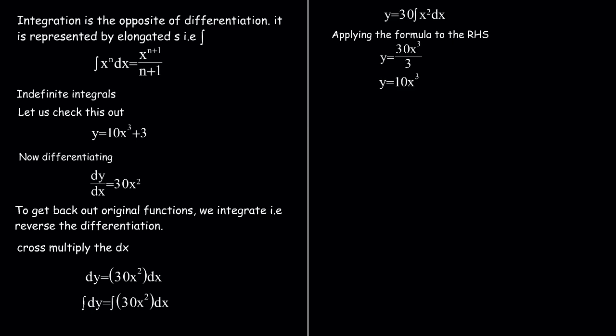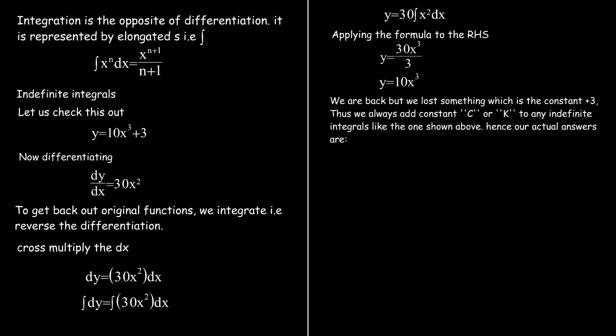Obviously, as you can see, we've only been able to get the part y equals 10s cubed, and we know that our original equation is y equals 10s cubed plus 3. The problem with this is that there is no way to know the constant that was removed earlier. So basically in integration we just introduce a letter to account for that constant.